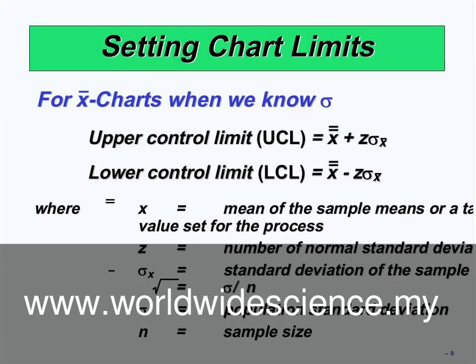Sigma X bar equals sigma divided by root square of n, or sample size. We have sigma here, okay?